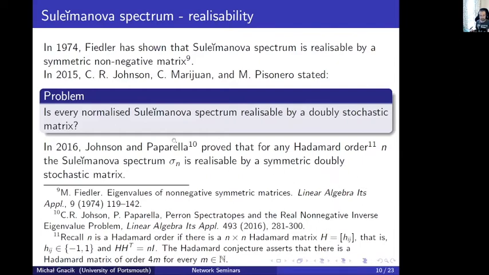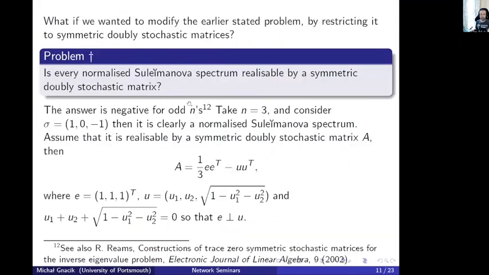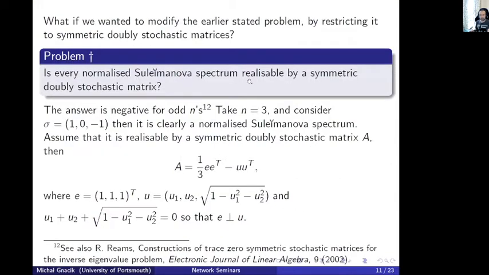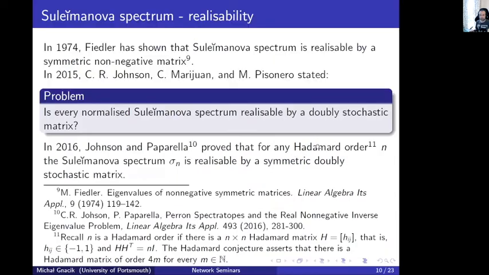Here I'm going to modify this problem a bit from the one stated by Johnson, Marijuan, and Pisonero. Is every normalized Sulimanova spectrum realizable by a symmetric doubly stochastic matrix? I'm just thinking: they have this one, so what if we add symmetric?